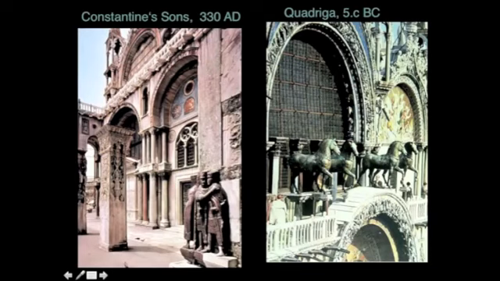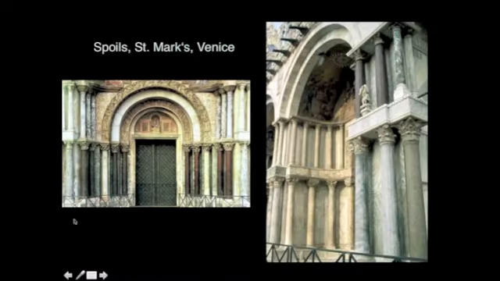They had raided Constantinople, and they took these horses out of one of the fora in Constantinople, this quadriga, these 4 bronze horses, and they're now on display right on top of the portico to the St. Mark's Church. And we have all kinds of things, like, look, here are Constantine's sons. The Venetians got those too. And lots of columns, not only from Constantinople, but also columns from Greek temples, columns from anybody who wasn't guarding their columns well enough.